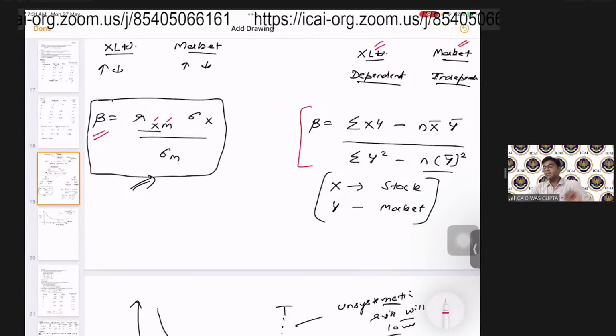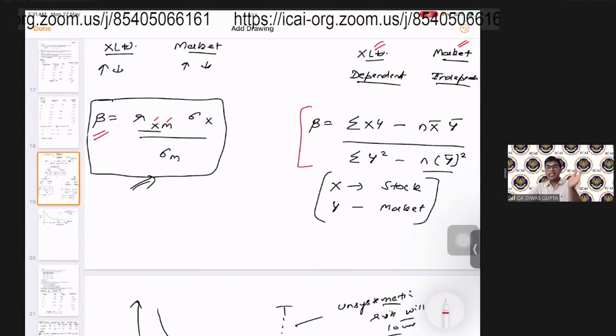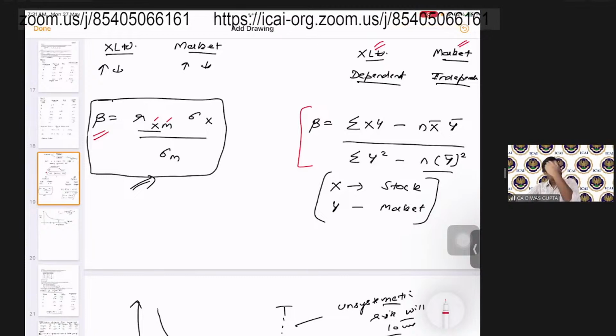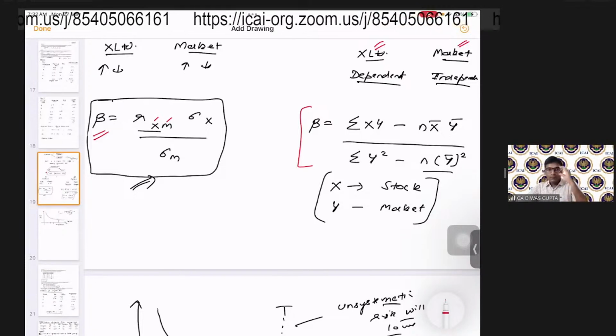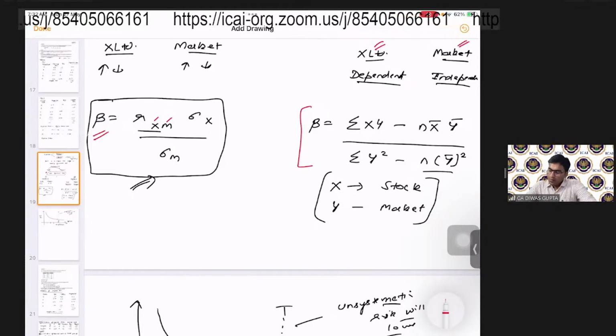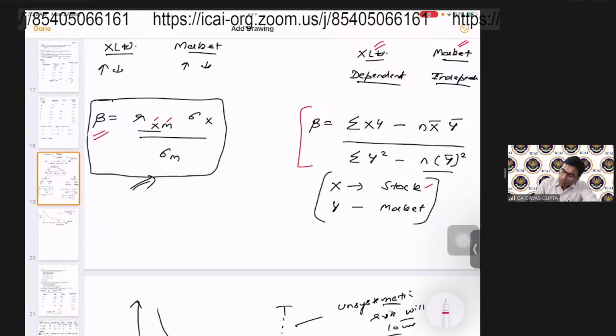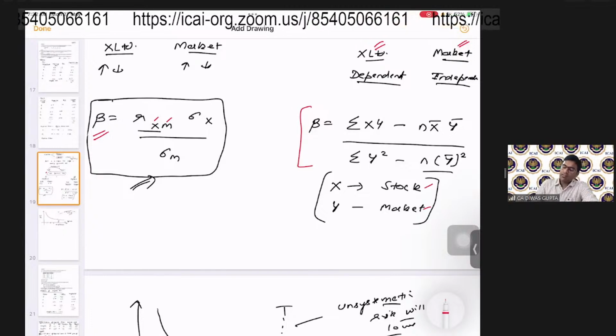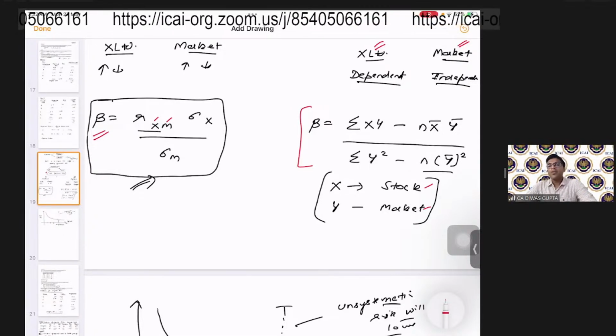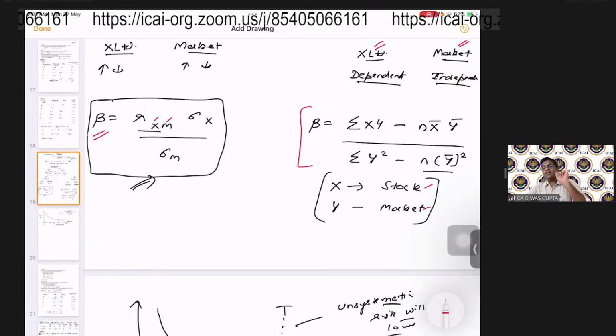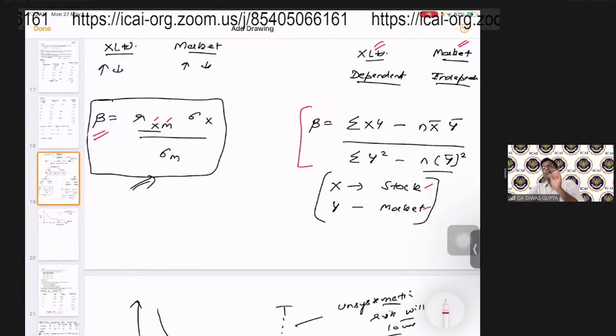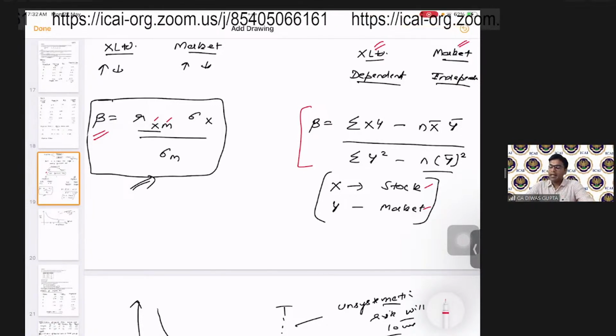What is this? Summation of xy, minus n, the number of observations, multiplied by x bar, the mean of stock returns, and y bar, the mean of market returns. Here x is the stock that we are talking about and y is the market. So for that stock, what is the return, and for that market, what is the return? Multiplying and adding it.